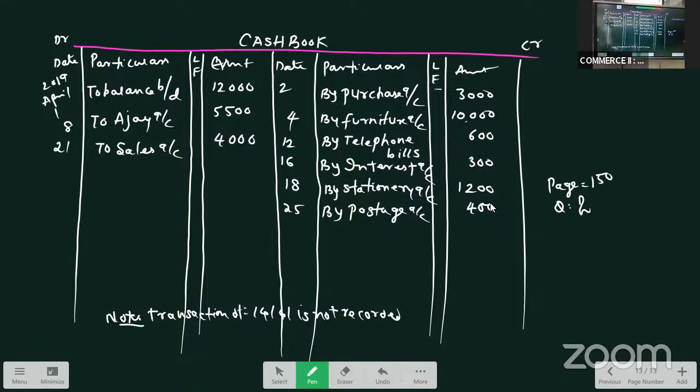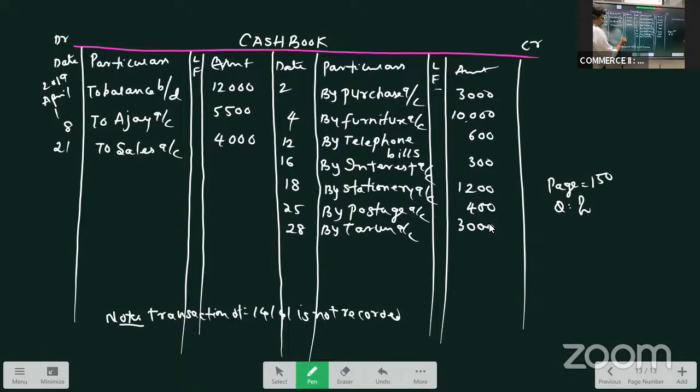Then paid to Tarun. Obviously, we paid cash. By Tarun, 3,000. So we have recorded all the transactions successfully. Now we have to do balancing.